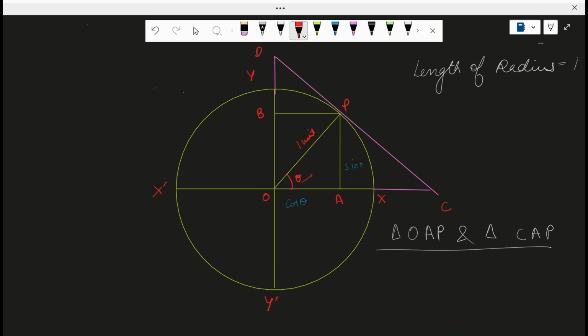If this is angle theta, and we know a tangent is always perpendicular to the radius, so this angle will be 90 degree and this angle will be 90 minus theta.